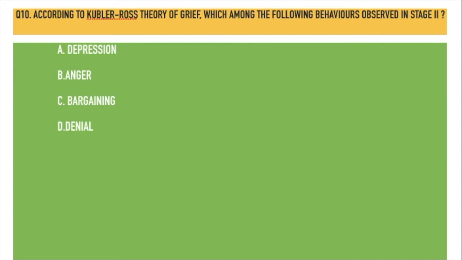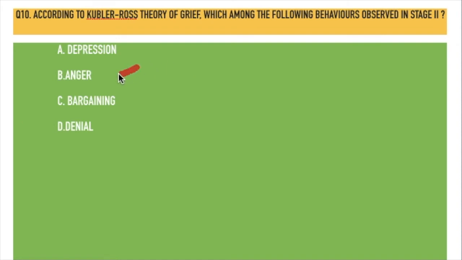And next question. According to Kubler-Ross theory of grief, which among the following behaviors is observed in stage 2? Option A, depression. Option B, anger. Option C, bargaining. And option D, denial. What are the grief stages of Kubler-Ross?